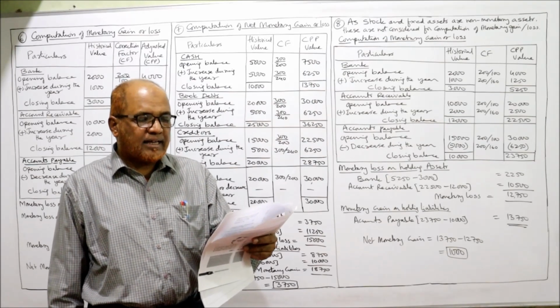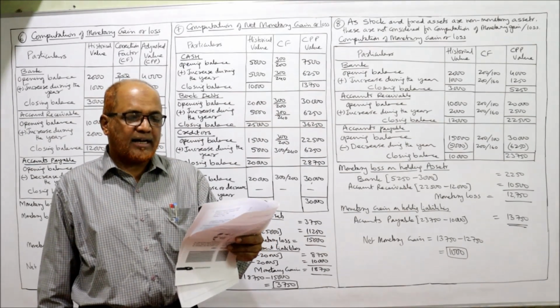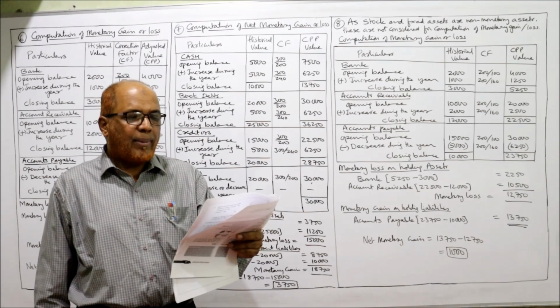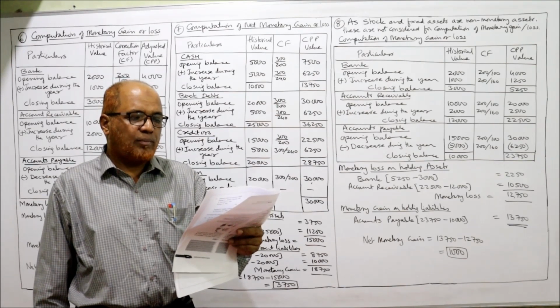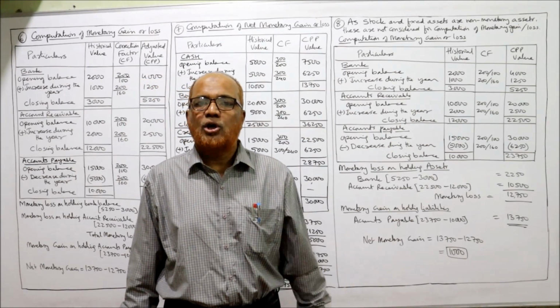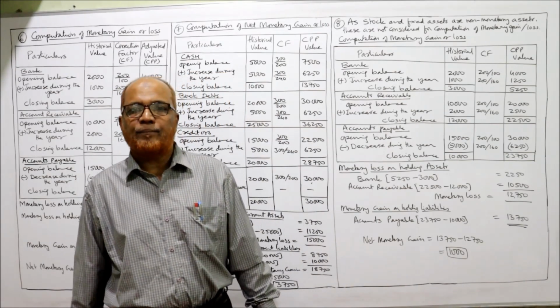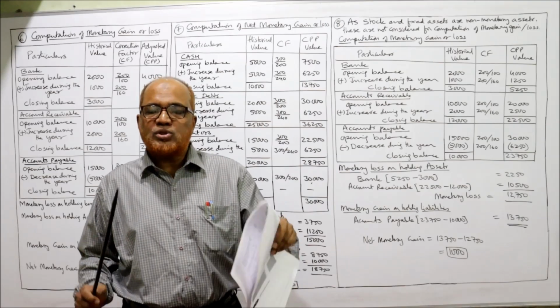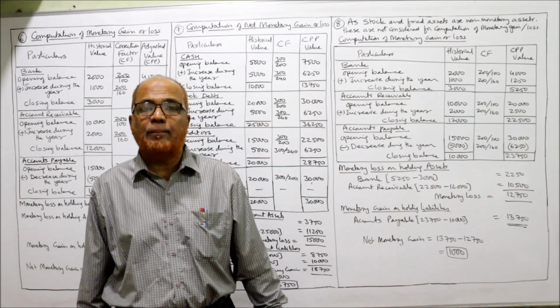Explain and ascertain net monetary result at the end of the year from the following data. Bank balance is given, account receivable, accounts payable, stock and fixed assets. Now see here. Monetary assets are those items whose amounts are fixed by agreement.